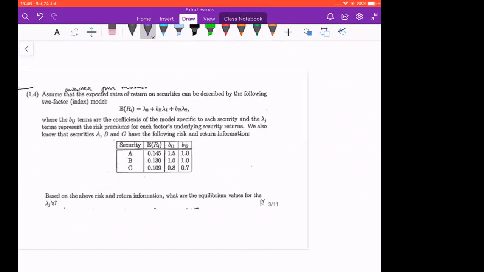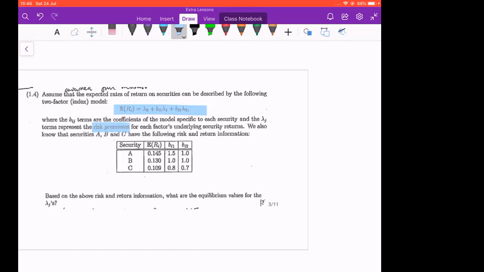Assume that the expected return of one security can be described by the following factor model, where the Bij terms are the coefficients of the model, more specific for each security, and the lambda J terms represent the risk premium for each factor underlying security return.